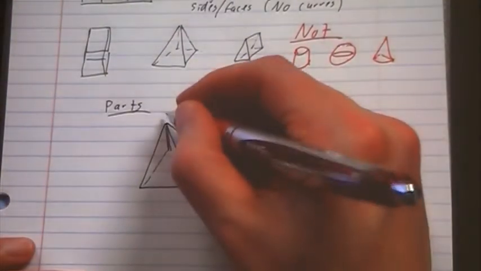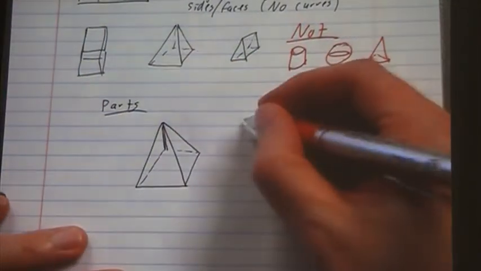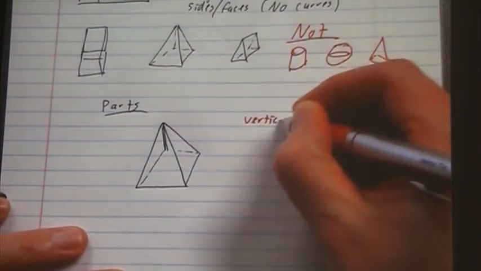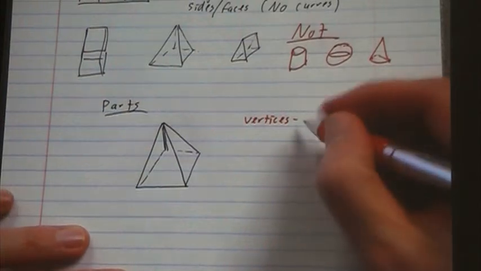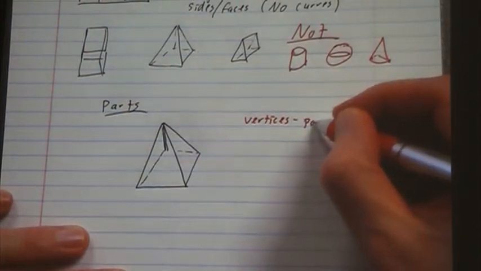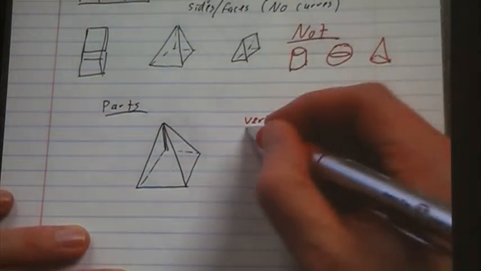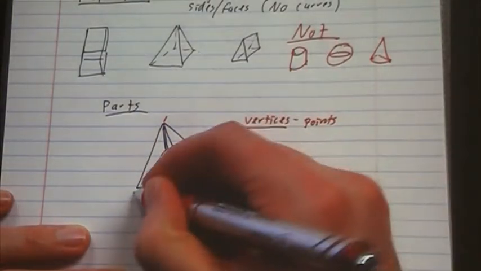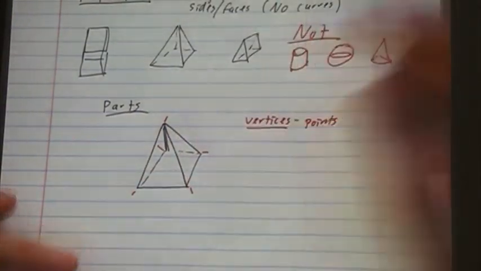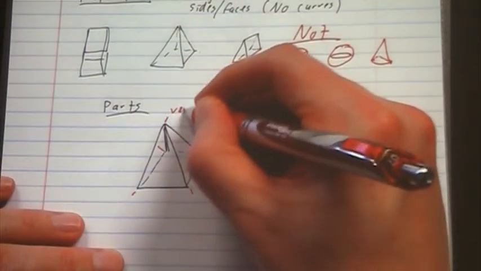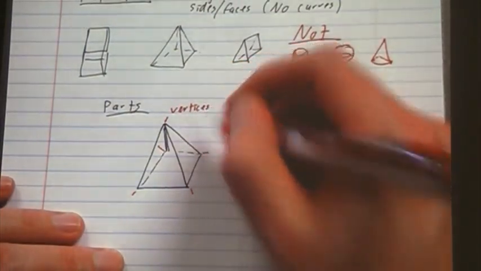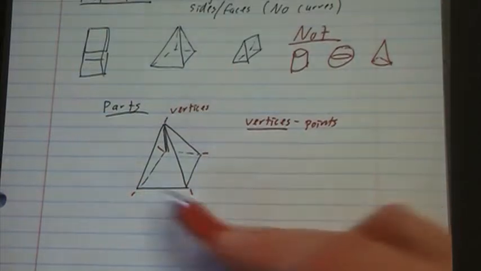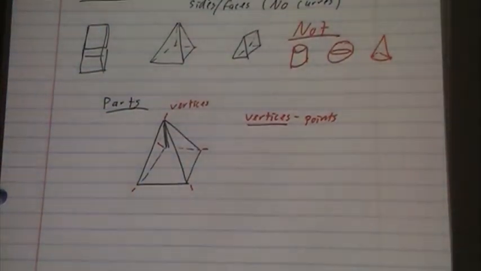Now, the points are called vertices, or a singular would be a vertex. So 1, 2, 3, 4, 5. Those guys are all vertices, the points right here.